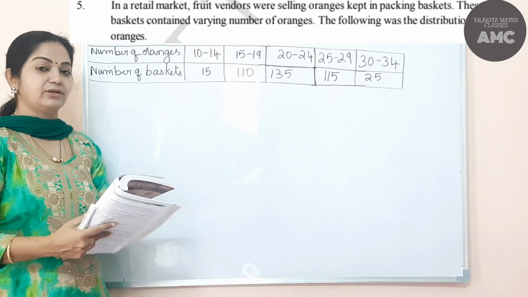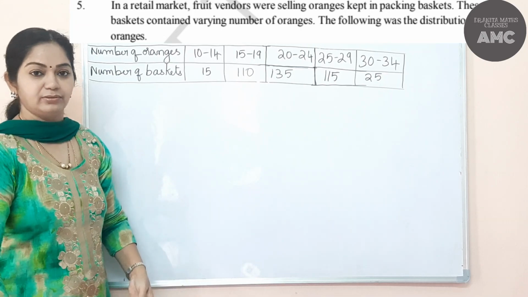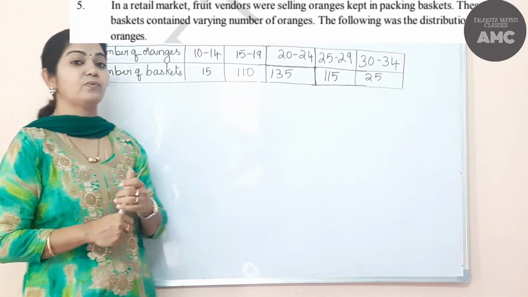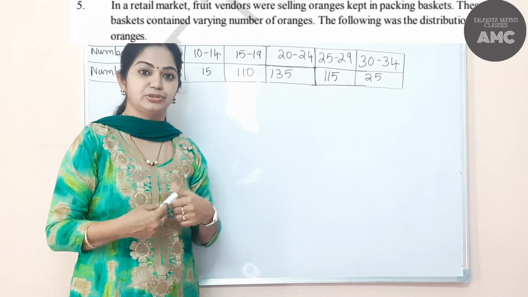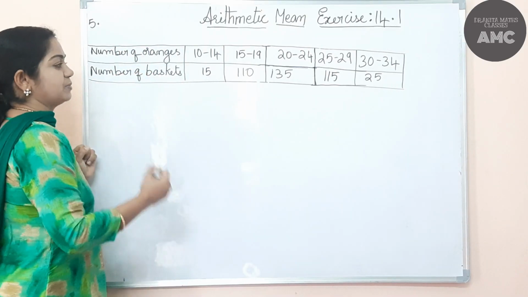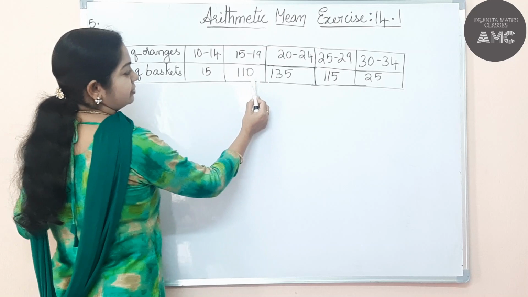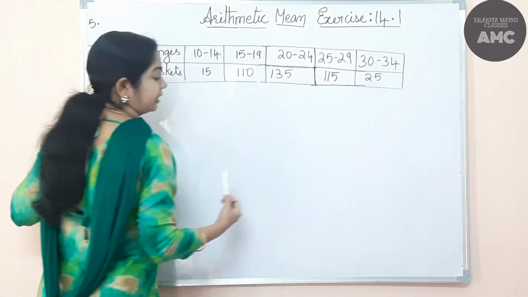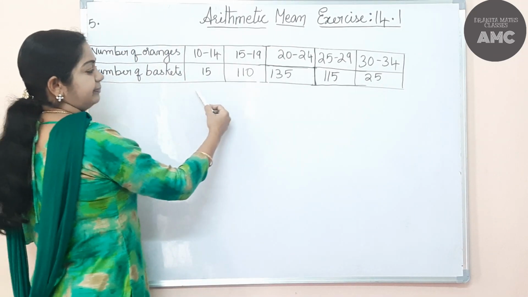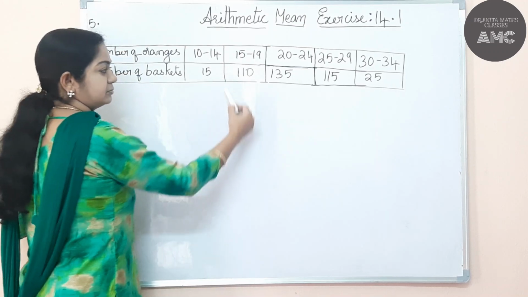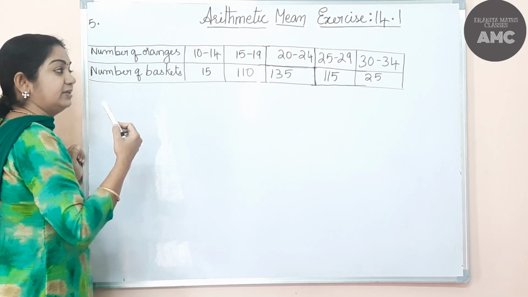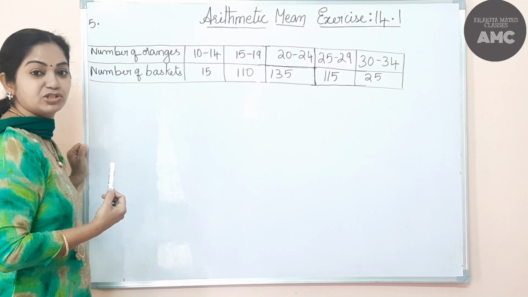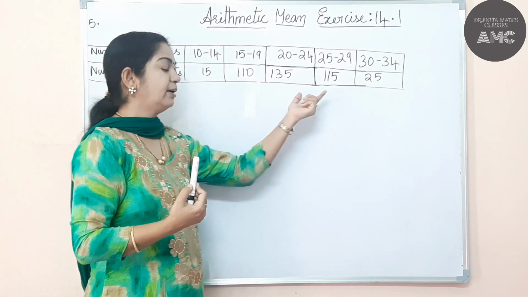Now here asked, you have to find the mean of the oranges and also which method you are going to use. Let's see which method we are going to use. Here the values of f are very big. So while finding the mid values and after making the product, it will be very tedious and time consuming to find the product of the bigger values.